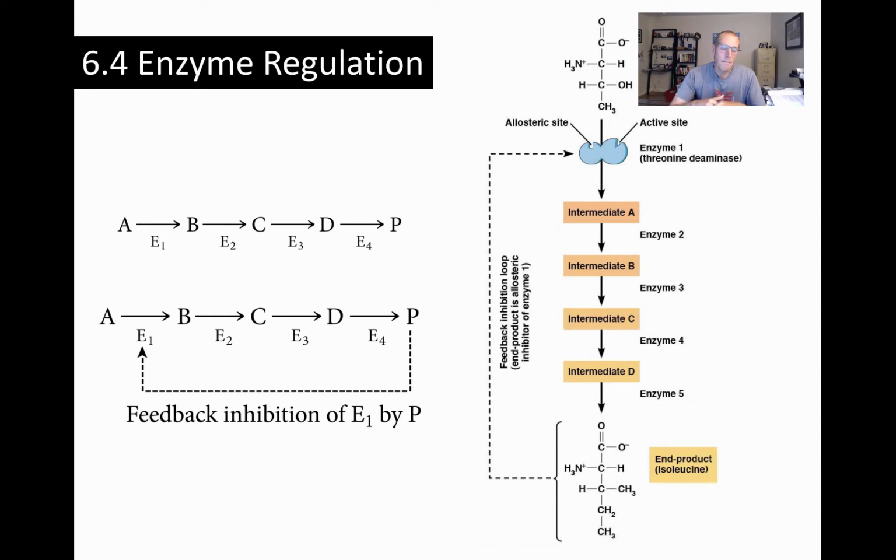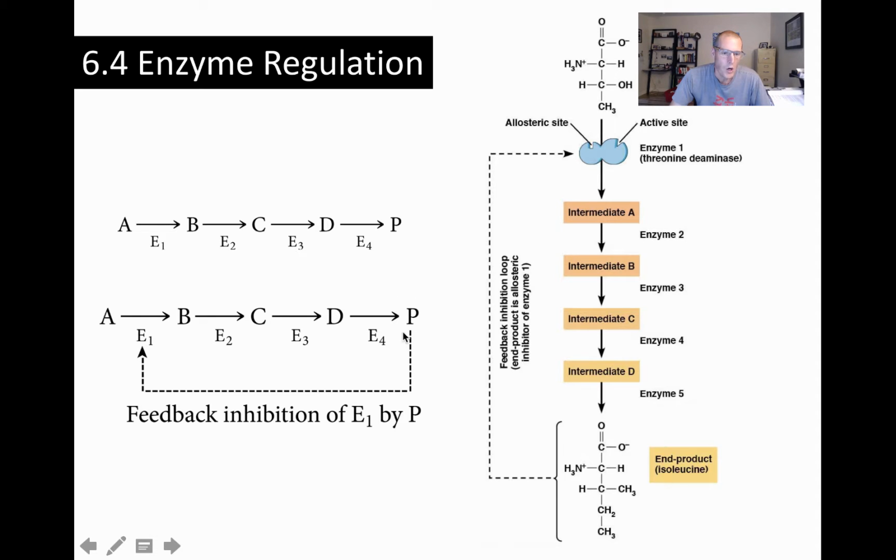Now, most of the time, when we have a biochemical pathway like this one over here on the left, where A is converted to B, and B to C, and C to D, and D to the final product by four enzymes, E1 through E4, often we will see the product acting on an enzyme at the beginning of the pathway.